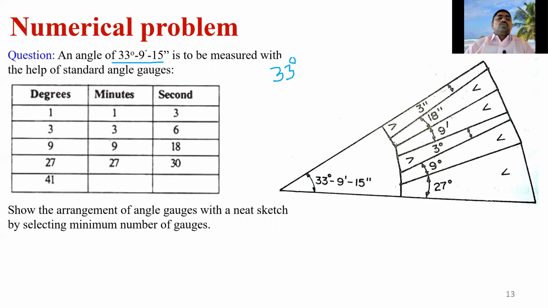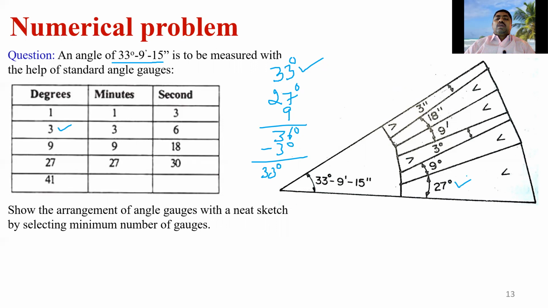So what we have to do is use 27 degrees, and there is a 9 degree slip gauge. So in total we get 36 degrees, but we require only 33 degrees. So you have to take another angle gauge and subtract. What will you get? 33 degrees. In that way you can obtain it.